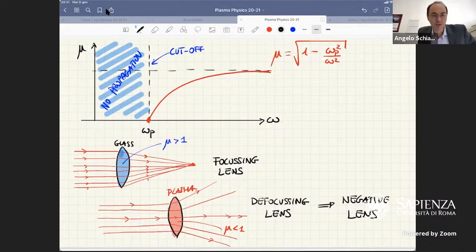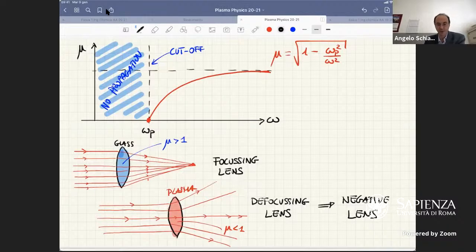So this has important properties with respect to the usual propagation of light, and in matter, in glass, for instance, or in air, or in water, where the refractive index is larger than 1. So these properties actually combined with the cutoff frequency have interesting application.